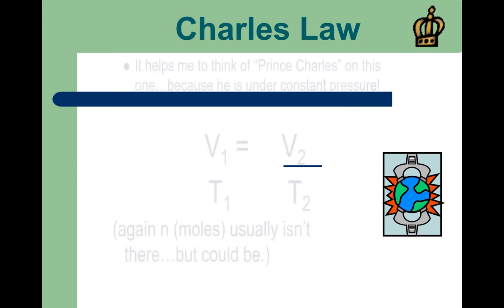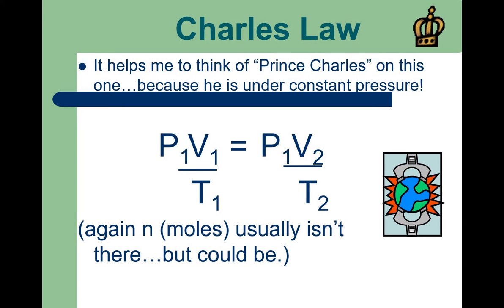So pressure in our combined gas law is going to drop away. And we end up with Charles' law. Again, N could be there, but it doesn't have to be. Okay? So this is Charles' law. Again, temperature, really, really important that it is in Kelvin, because look at where temperature is. It's on the bottom. If I leave it in Celsius and I have a 0 on the bottom, then it's undefined.